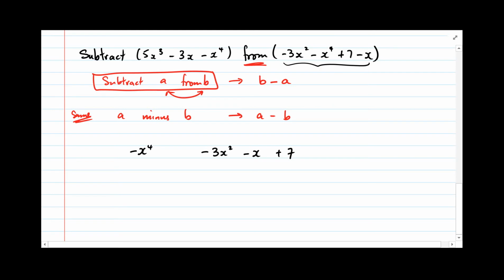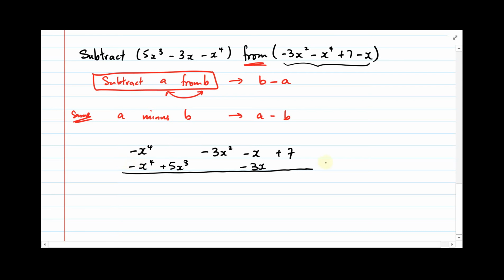I want to subtract from that 5x cubed, x to the fourth, etc. So here's the second polynomial, x to the fourth minus 3x and 5x cubed. You can also notice how I did that: I just read from left to right and then went ahead.